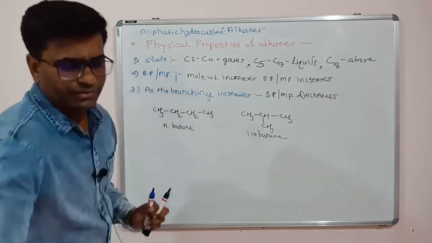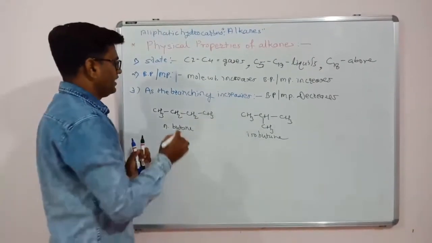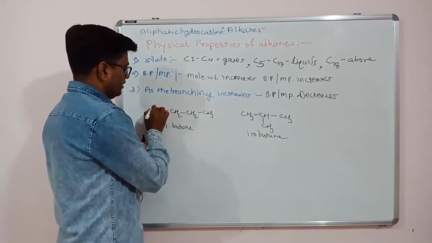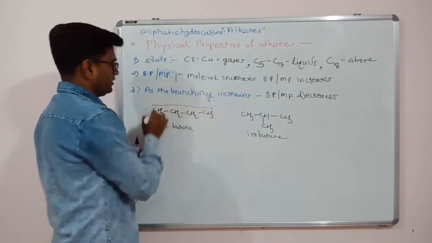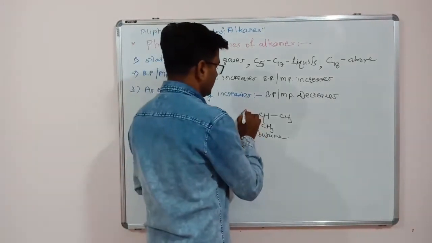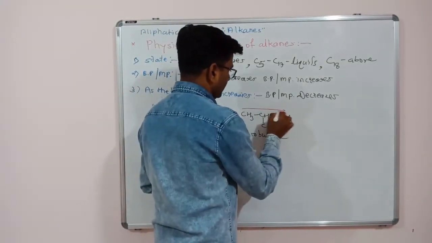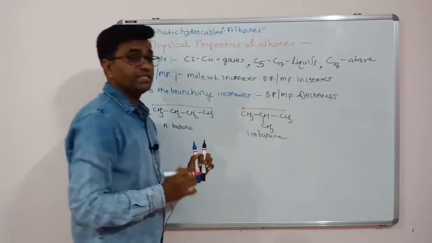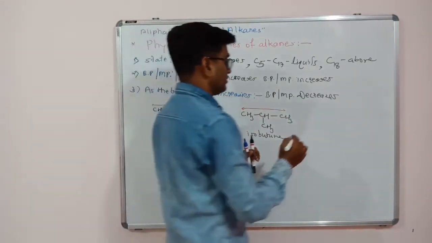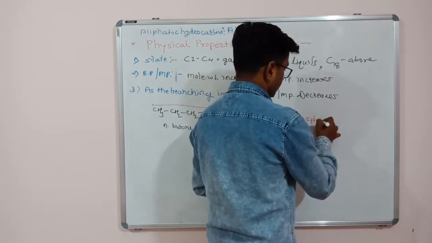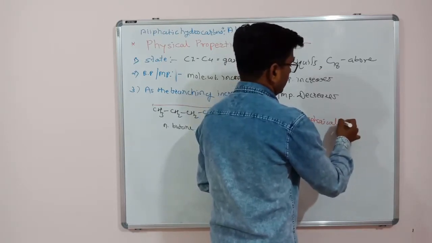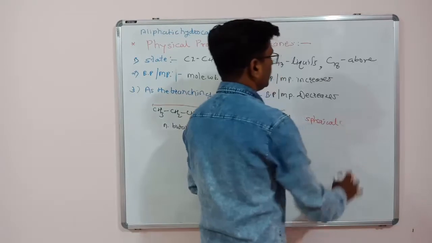Why is this so? See here. The surface area of the molecule is large, while as the branching increases, the surface area of the molecule decreases. The molecule gets a spherical character. The molecule becomes spherical.